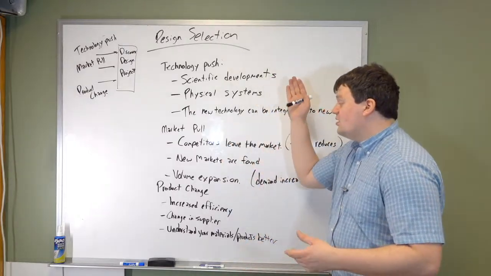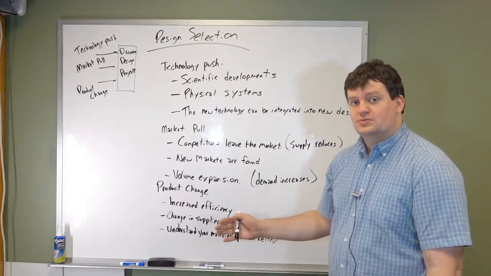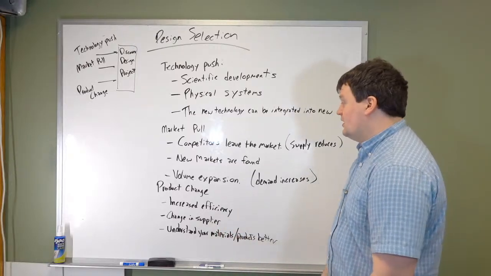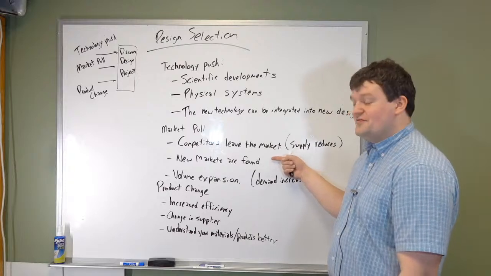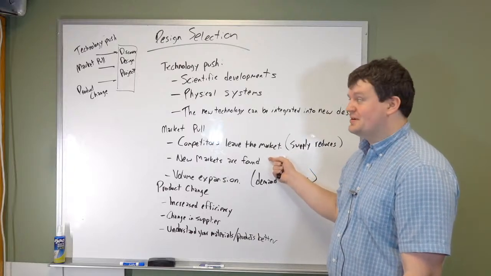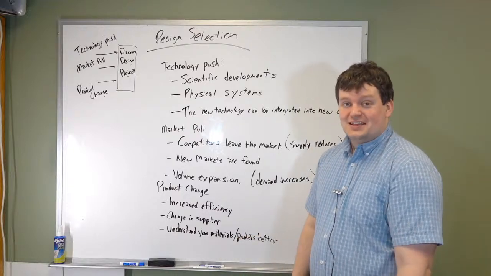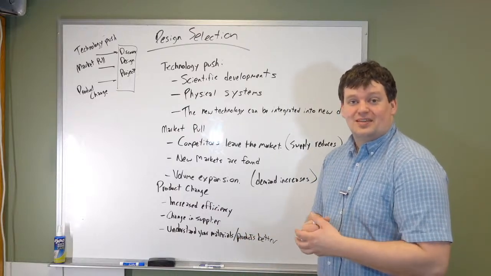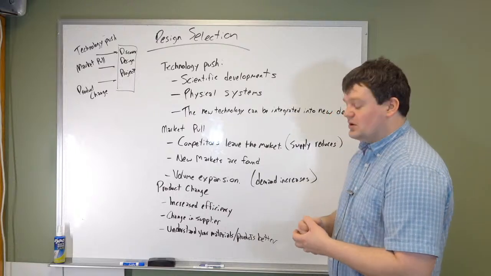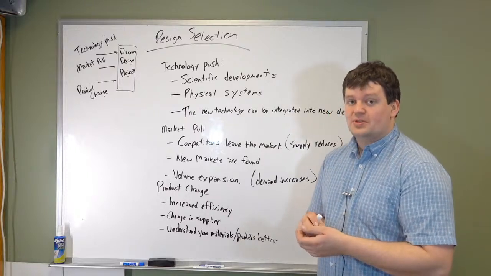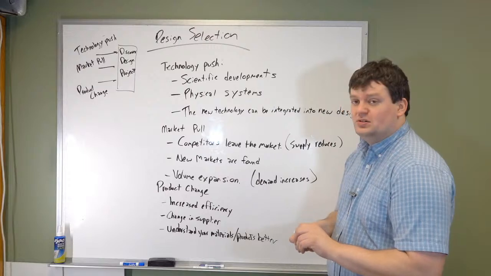But all of these are good reasons to design something. Okay? Only one of these involves brand new technological development. All of the rest of these are just simply the fact that there is a need for design. And you will, as an engineer, deal with probably all of these at some point.